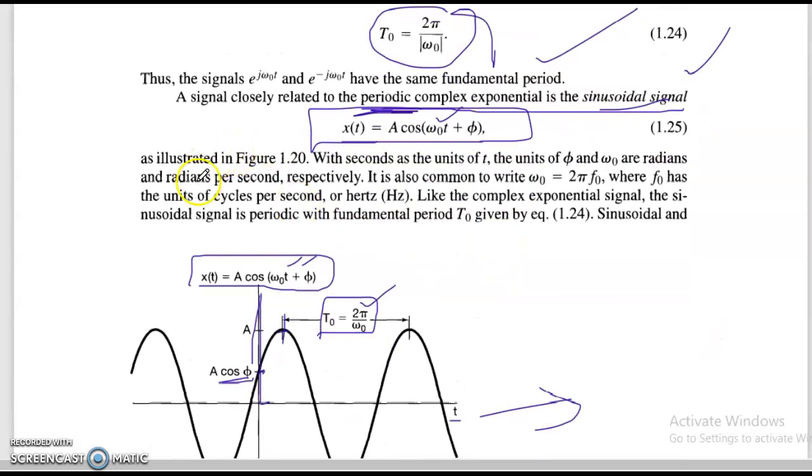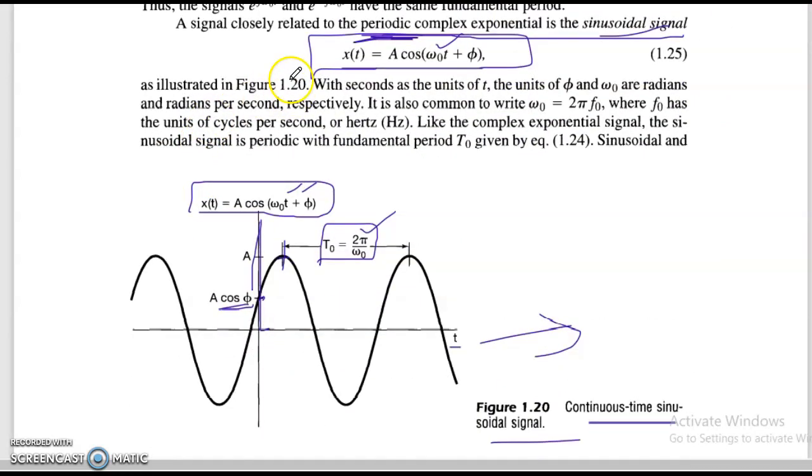So as illustrated in figure 1.20, with seconds as the units of t, the units of phi and omega t are radians.